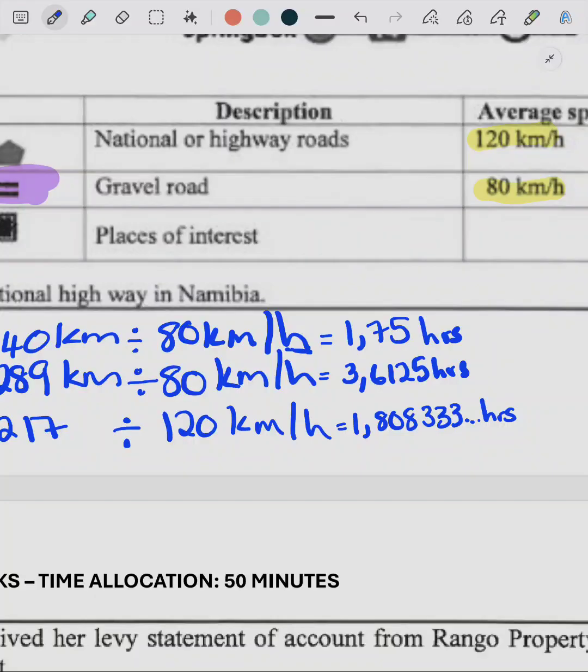I can now see, okay, what was the total time altogether? If I add all my times together, I'm going to get to 7,17. So if I add all that together, I get to 7,1708, and then the 3's keep going along.